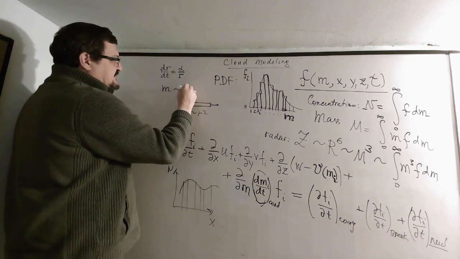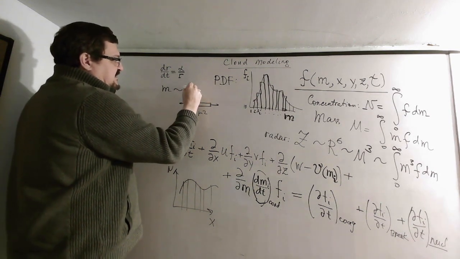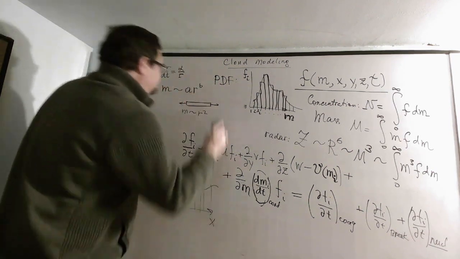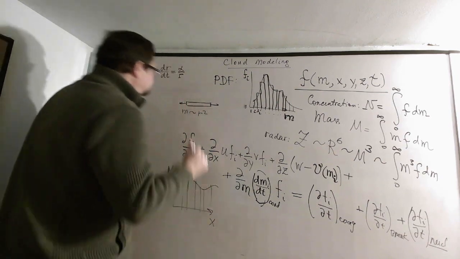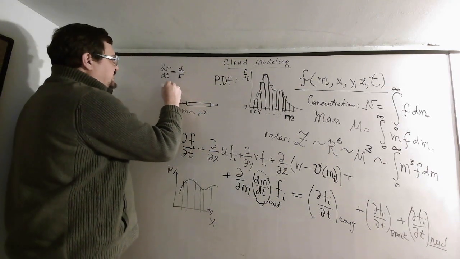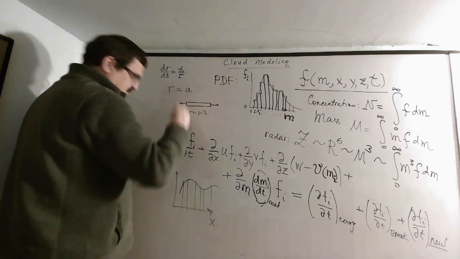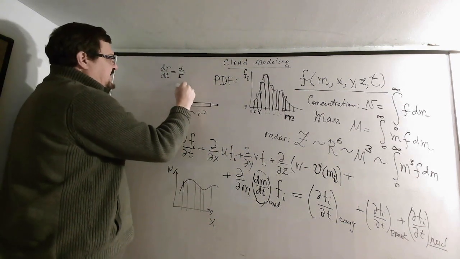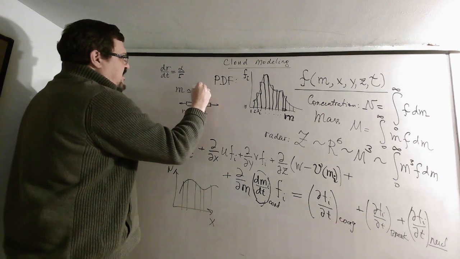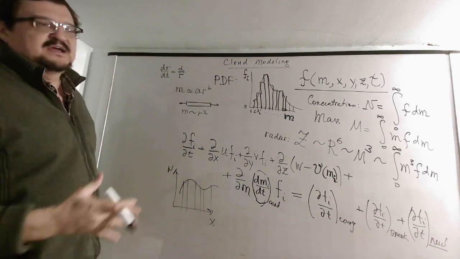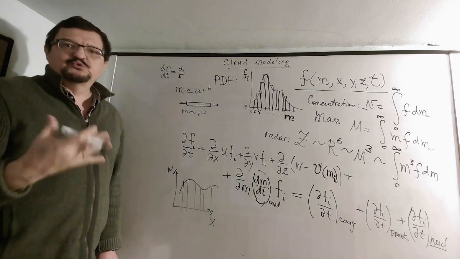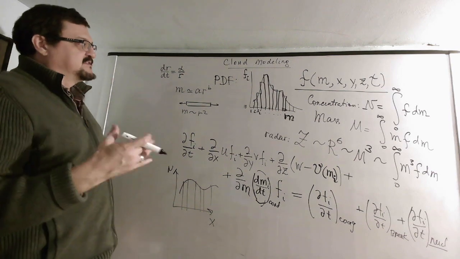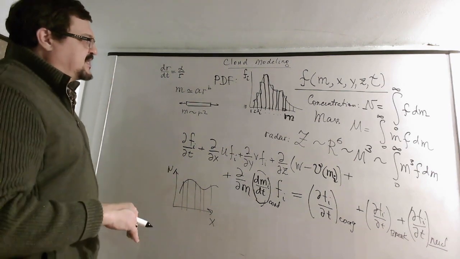You can generally write that mass equals a r to some power b, where b can be some number from about 2 to 3. In the extreme case of spheres, it's 3. If it's a plate, it's 2, and something in between is pretty common for ice crystals.